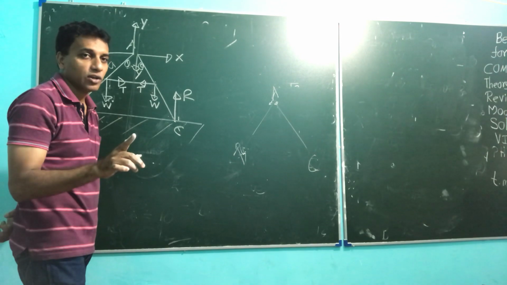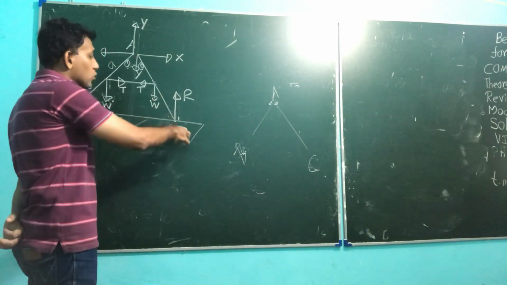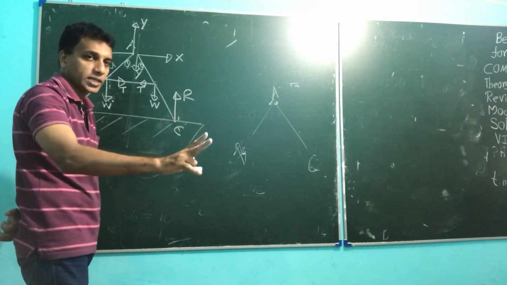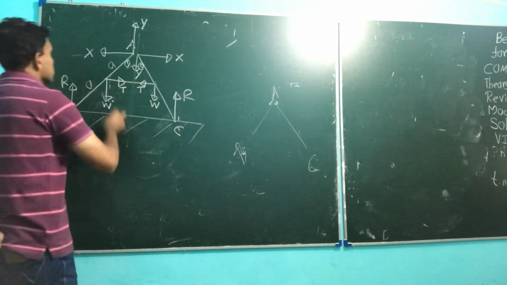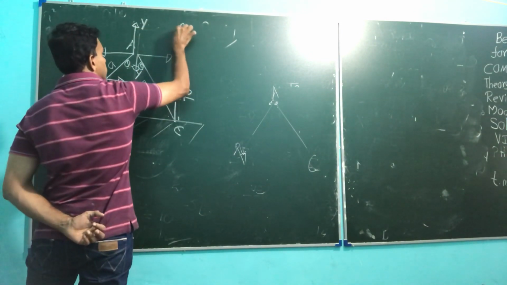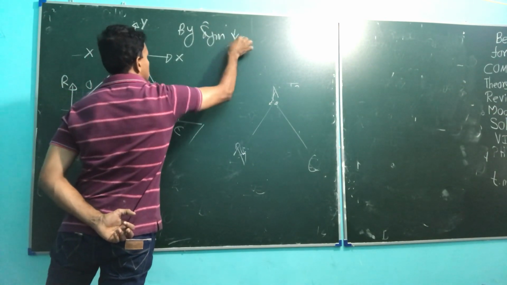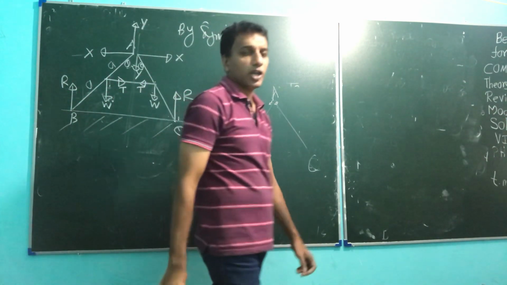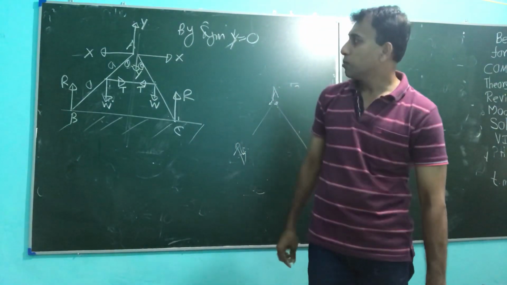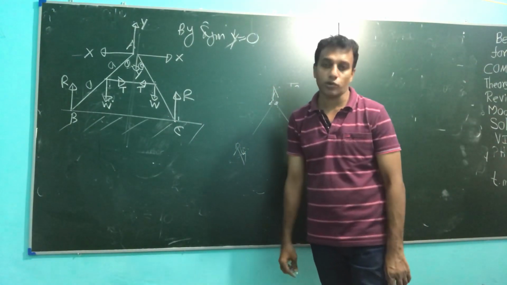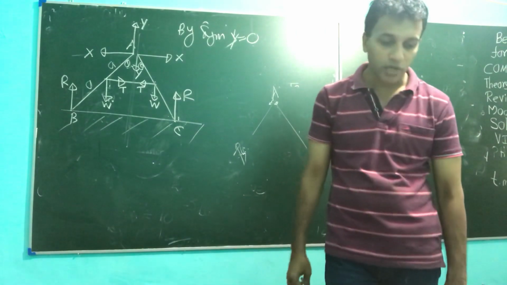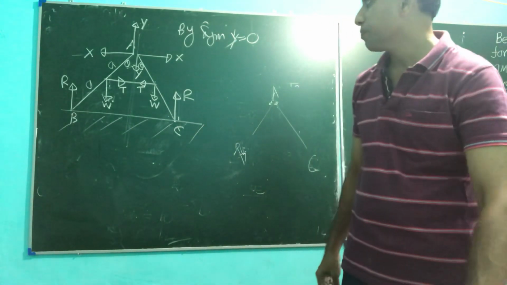Therefore, Y is 0, or otherwise by solving equations you can prove it. By symmetry, Y equals 0.